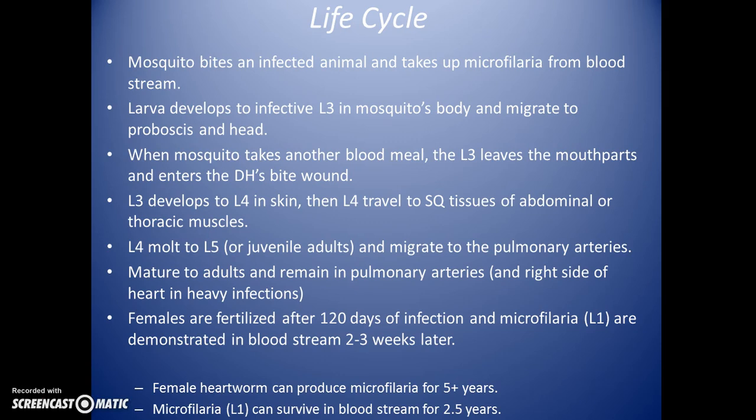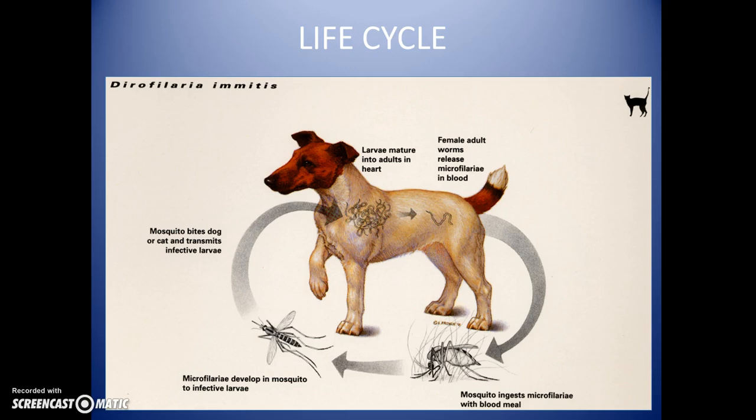Females are fertilized after 120 days of infection, and microfilaria are usually seen 2 to 3 weeks later in the blood. What's really interesting is that female heartworm can produce microfilaria for 5+ years. They have a lifespan of 5+ years, and microfilaria can survive in blood for 2.5 years if it goes undetected. Here's a visual aid of the life cycle for you, a little bit simpler.